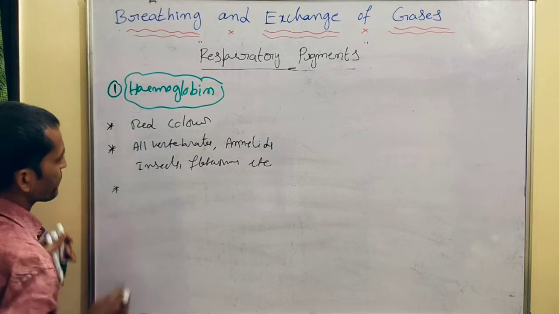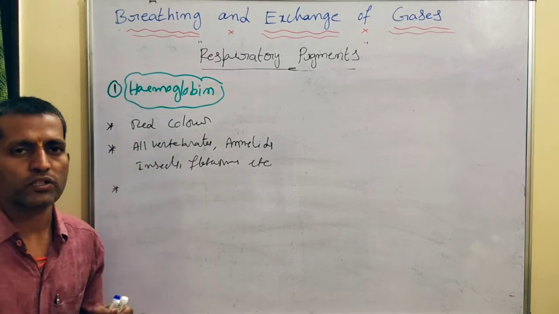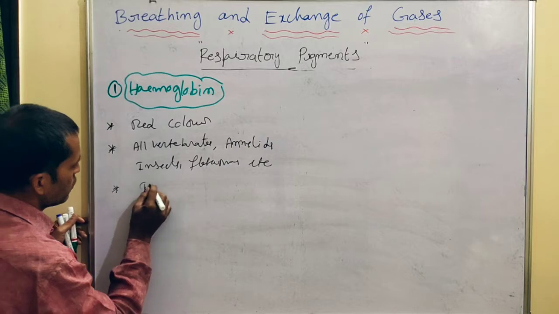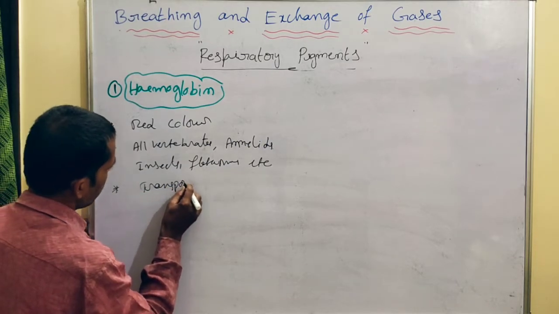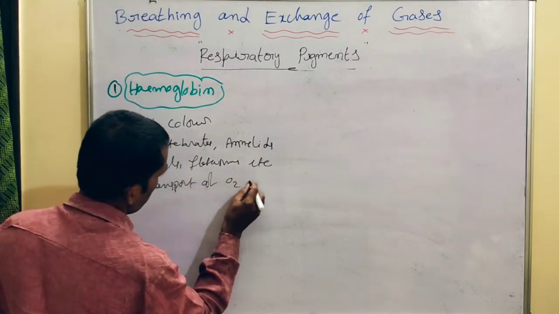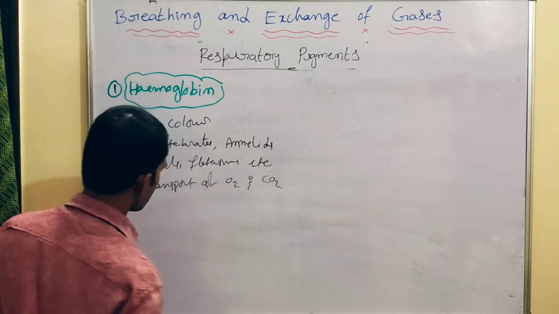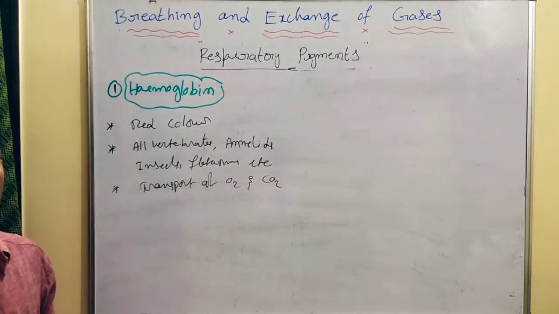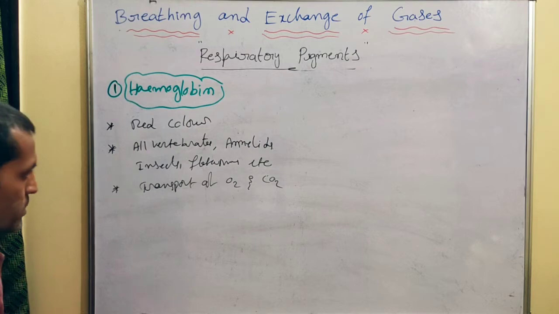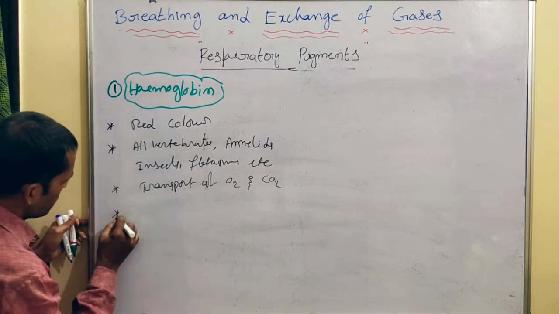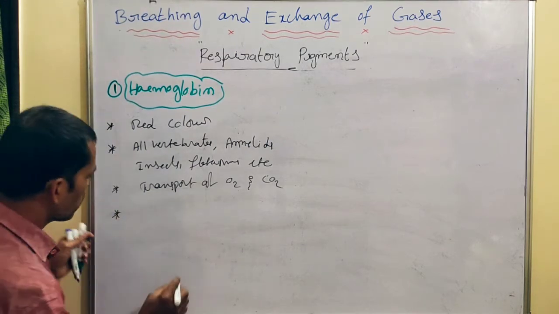The main task or functioning of hemoglobin is transport of oxygen and carbon dioxide from lungs to all the cells and from cells to the lungs. Then come to the structure of hemoglobin.